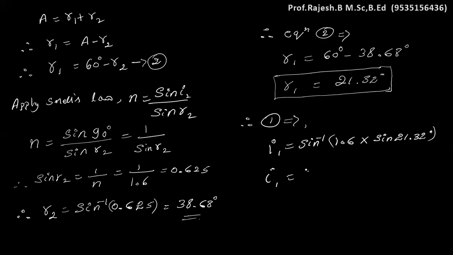So i1 is equal to sine inverse of 1.6 into sine 21.32 degree. How much do you get? Sine of 21.32.